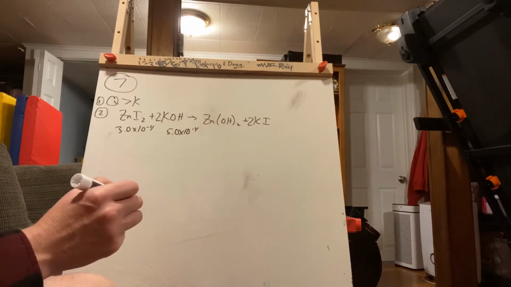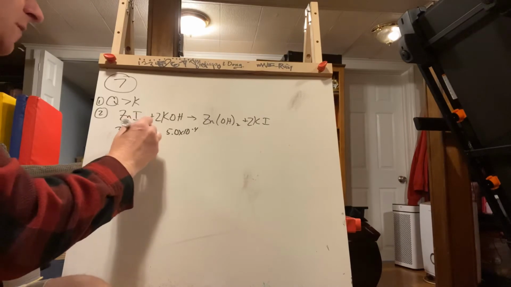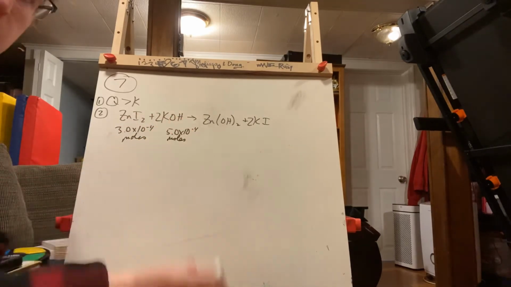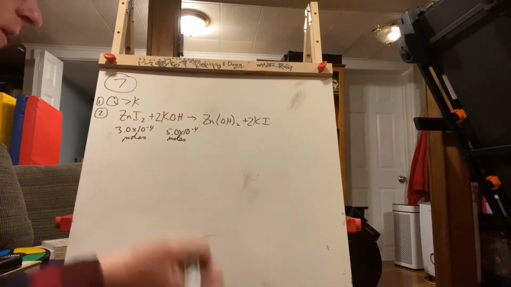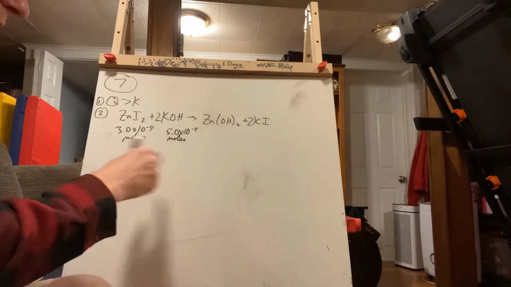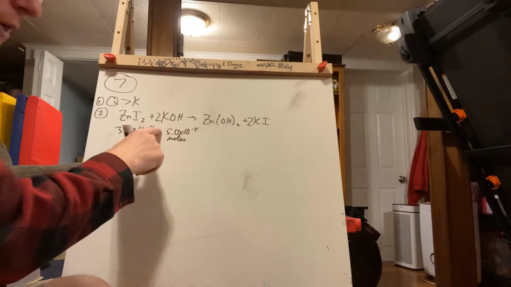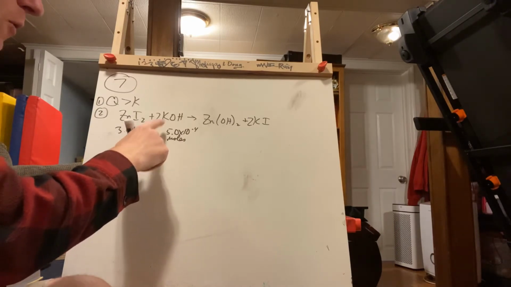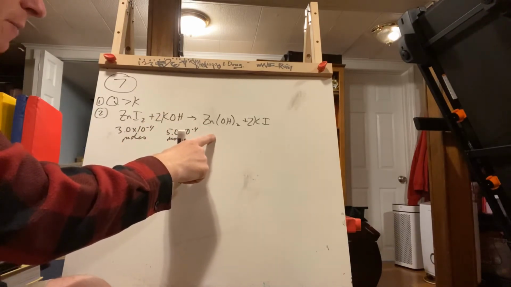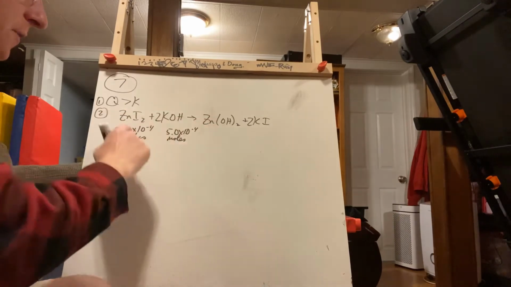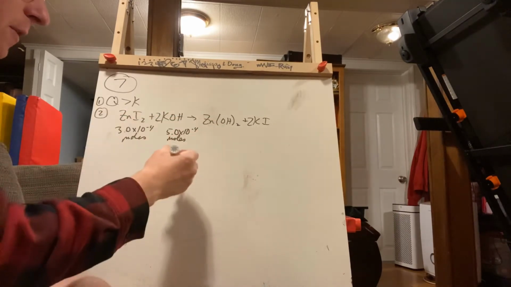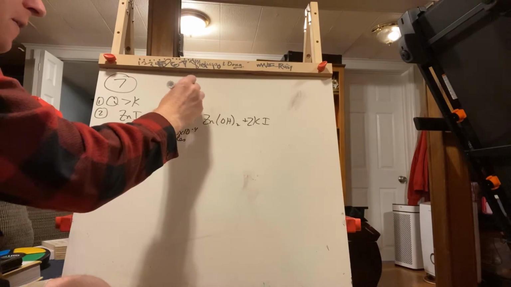Okay, so now these are both our starting moles. So first thing we have to do is find our limiting reactant. Second thing is to find out which one's excess. So using a little stoichiometry, you can figure out that this one is our limiting reactant because if you go from here to here, it's going to divide by 2. And if you go from there to there, it's just 3 times 10 to the negative 4th. So this one's my LR.